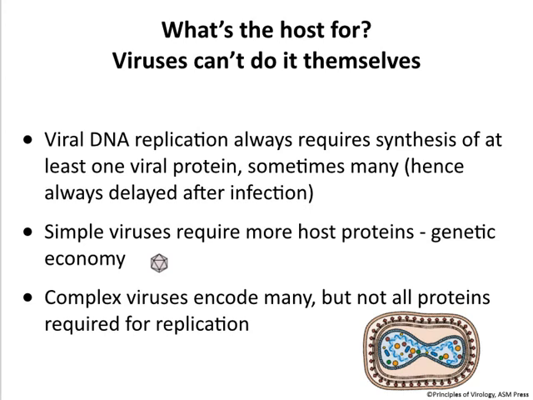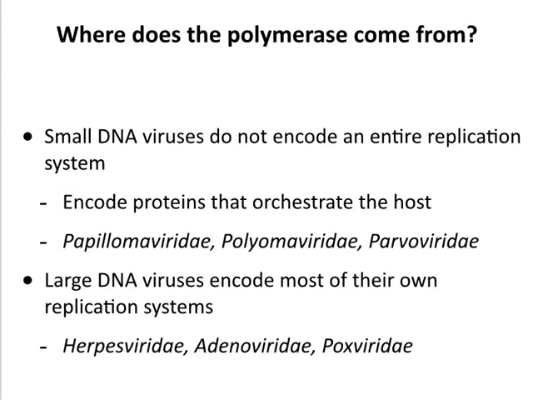Now, those big viruses we talked about, the Mimi viruses and the Pandoras, they probably also replicate in the cytoplasm, but we're not talking about those, mainly because we don't know very much about how all of that works. So the polymerase for some of these viruses comes from the host cell. Small DNA viruses, as I said, don't have an entire replication system.